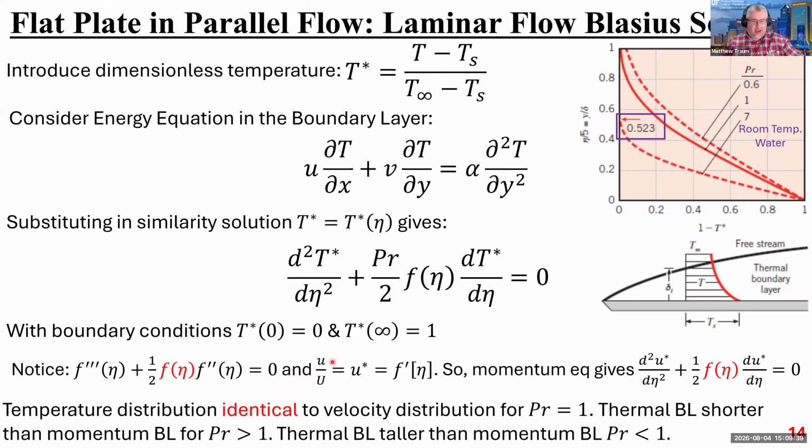Realizing that u over capital U is equal to u star, this dimensionless velocity we've been talking about, and that is the first derivative of this function, I can then go in and basically just rewrite this guy as this guy, right? So d squared u star over d eta squared plus 1/2 function of eta times du star over d eta equals 0, right? These are the same equation.